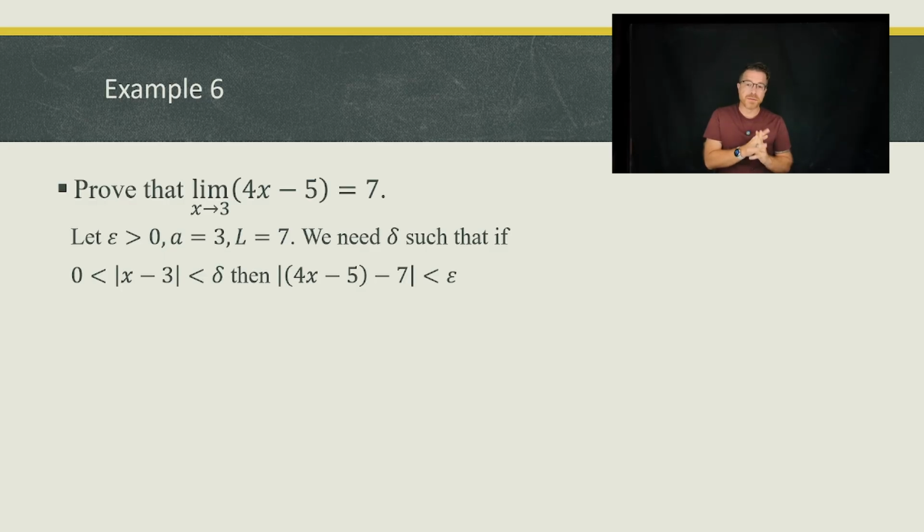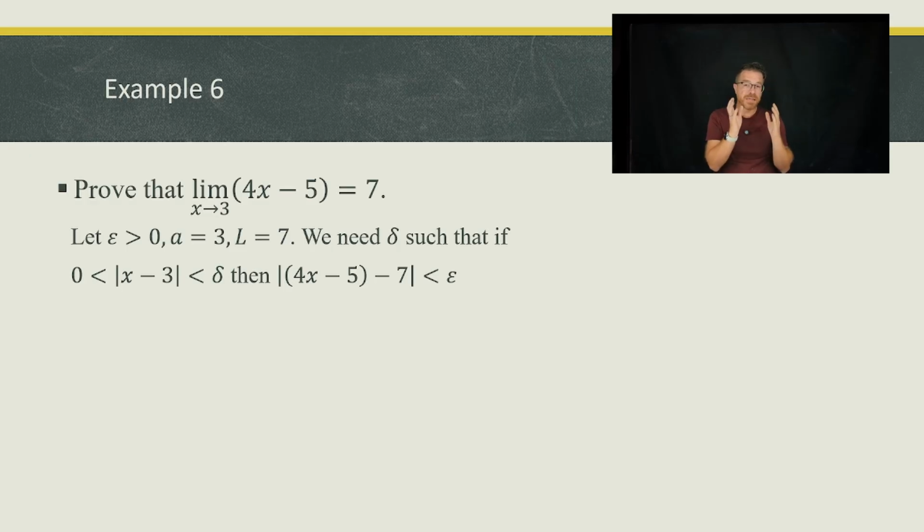We have that our limit a, so this a equals 3, this is the value that we're approaching. Our limit that we actually are getting when we approach a from the left and the right is equal to 7. Then what we need is for delta to be such that 0 is less than the absolute value of x minus 3, because that's x minus a, we plug in 3 for our a, is less than delta.